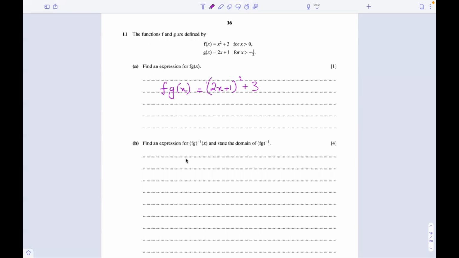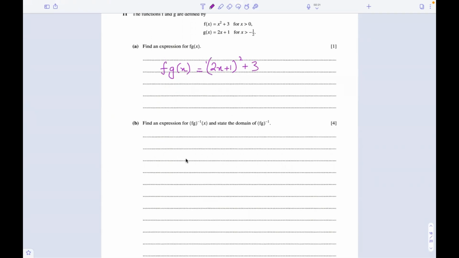and this is an expression for fg of x. In the next part, we have to find an expression for fg inverse. The first step we'll do is, we know that fg of x is (2x plus 1) whole squared plus 3. So we replace fg of x with y. And now to find the inverse, it is always better to replace the y with an x and the x with a y, and then make y your subject.